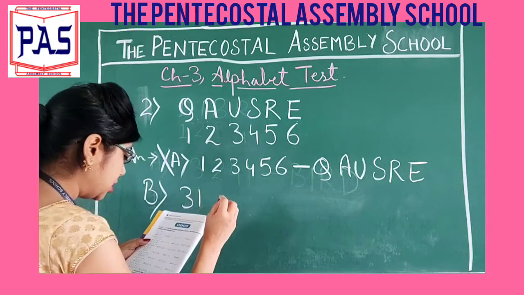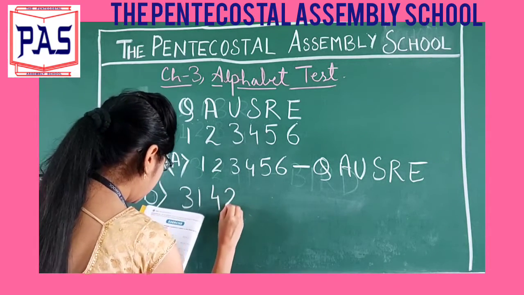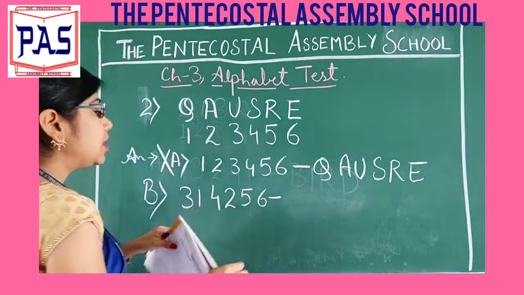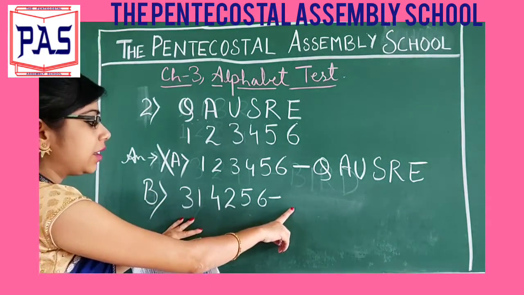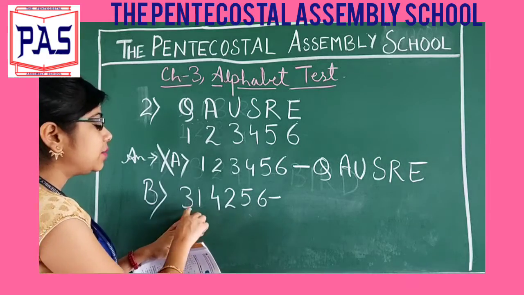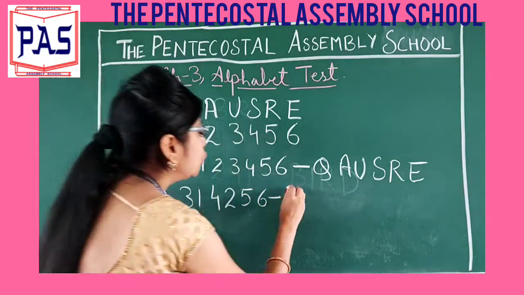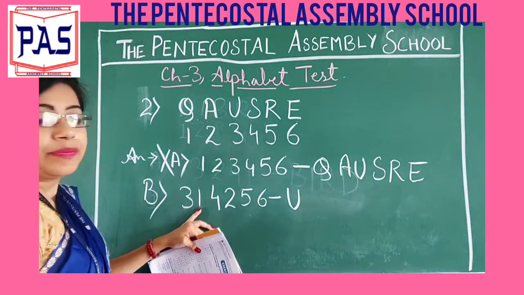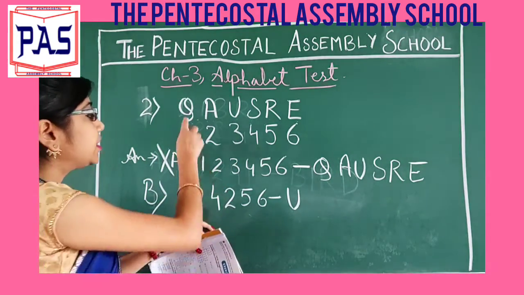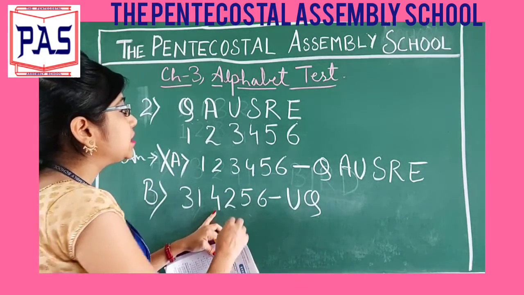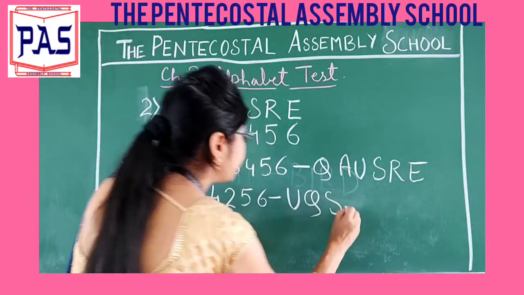3, 1, 4, 2, 5 and 6. Let's put the letters indicated by these numbers. So, number 3, U. U will come here. Number 1 indicates letter Q. Q will come here. Number 4 indicates letter S. S will come here.